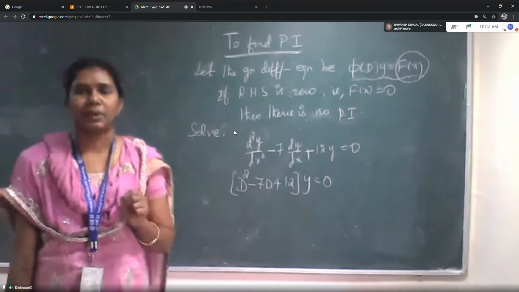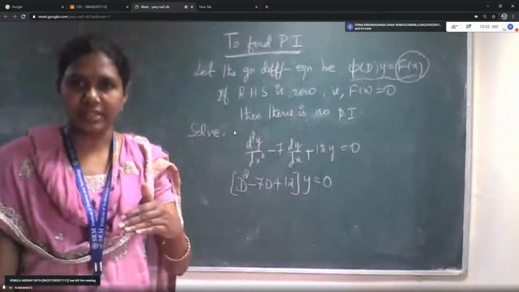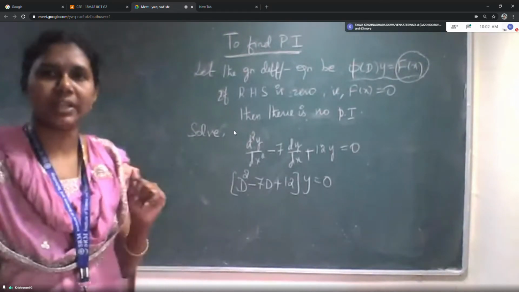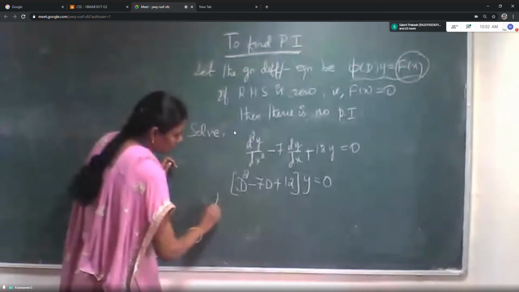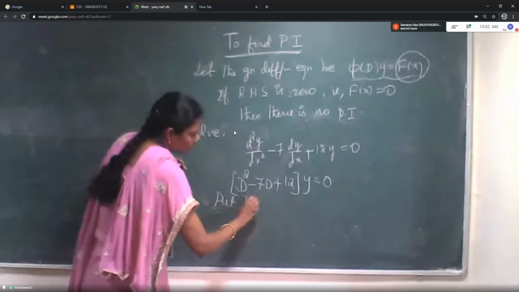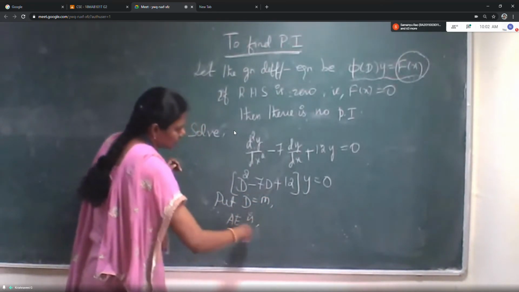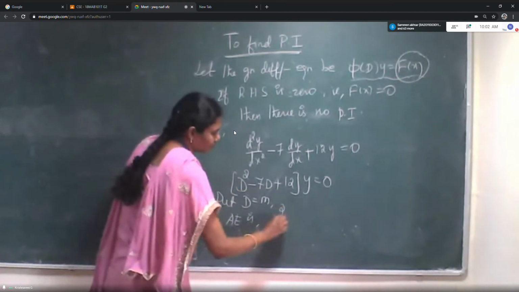If you want to find the complementary function, first we have to write the auxiliary equation. How can we write the auxiliary equation? Put D equal to m. We get the auxiliary equation as: m square minus 7m plus 12.